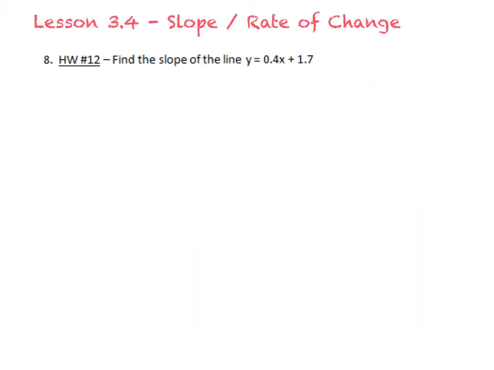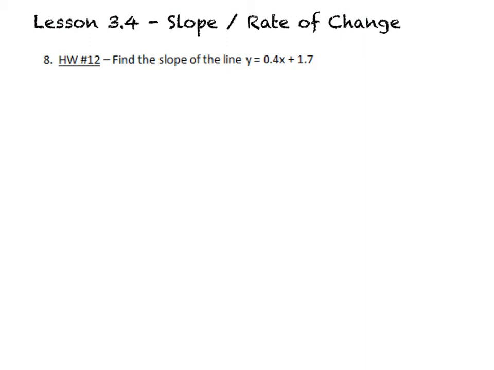Okay, we're on problem number 8. And we have the third type of slope setup here. Let's do a quick recap. If we're given 2 points, we use the formula. If we're given a picture of a line, then we can count rise over run.